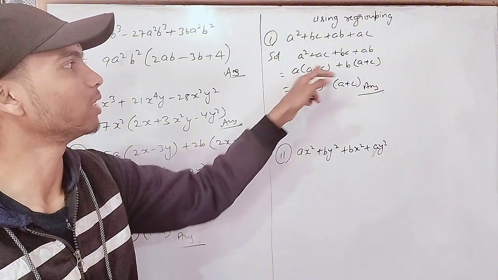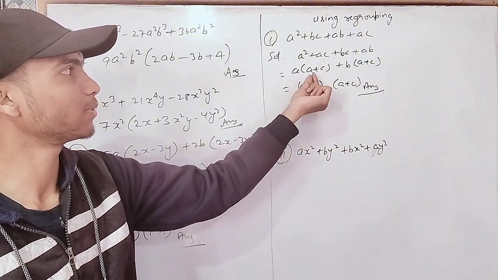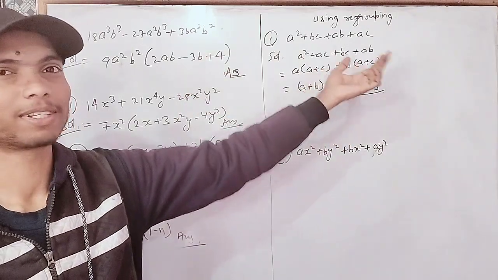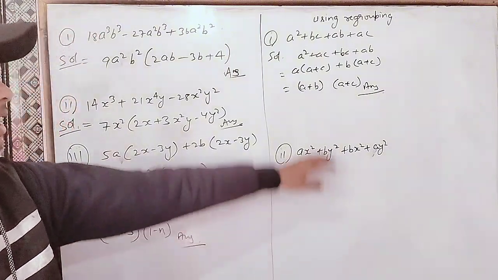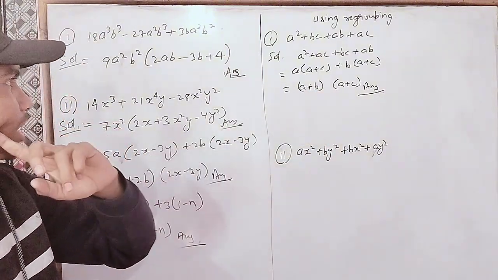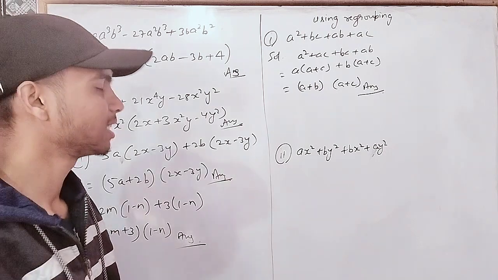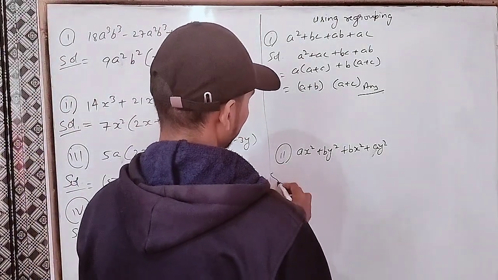So whatever we have outside, we have written a plus b, and inside the bracket we have a plus b, a plus c, so we have two. That's why it is common, and we have taken only one time. Okay. As you can see, it's like a puzzle game. Now next, let's see.